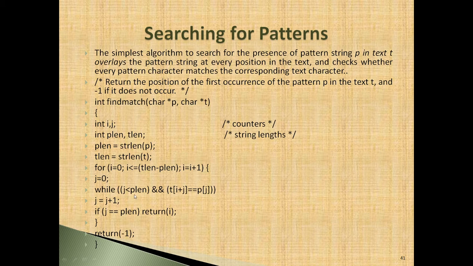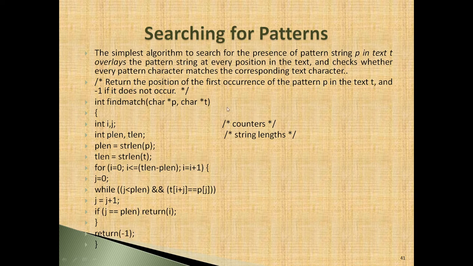If the while loop does not satisfy the condition, then we check if j is equal to P len, and then it will return the value of i. Otherwise, it will return -1.